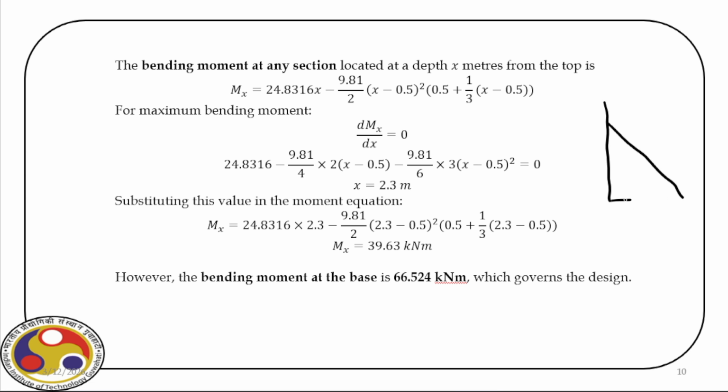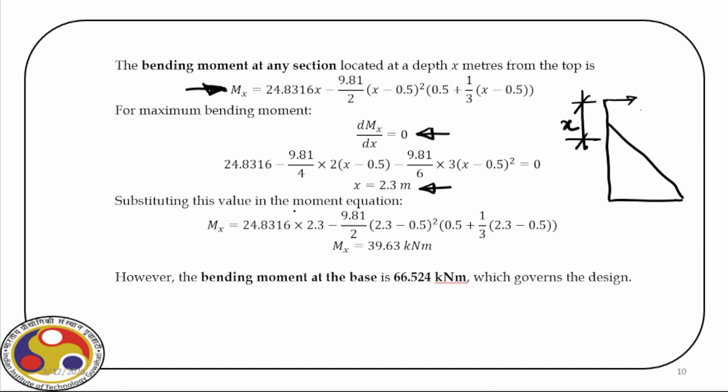Now, here is the pressure diagram. From the top, if we find the bending moment at a location X, Mx is given by this expression. Obviously we have to find out where we have the maximum bending moment, and for that we differentiate Mx with respect to x, and if we solve, at x equal to 2.3 we have the maximum bending moment.